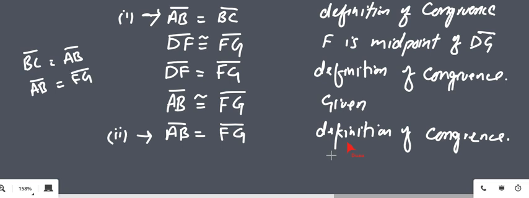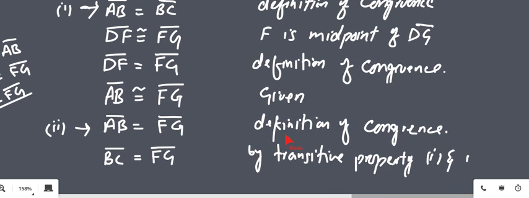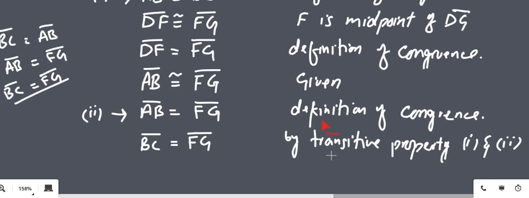So we can write BC equals FG. Is it clear? By using the transitive property, and point number 1 and 2.